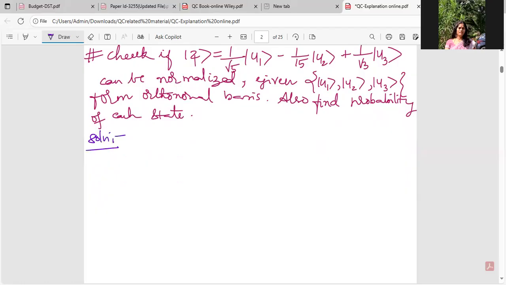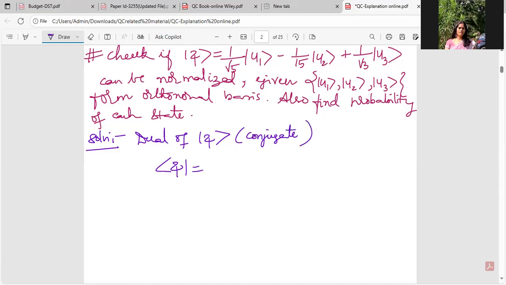How do I normalize it? If I have ket xi, I have to find its dual. The dual of ket xi would be called bra xi, denoted by this symbol, and it is nothing but the conjugate. So how do I find the conjugate?